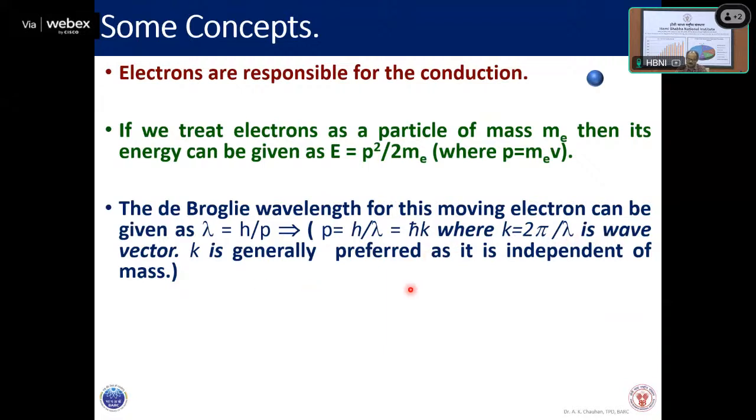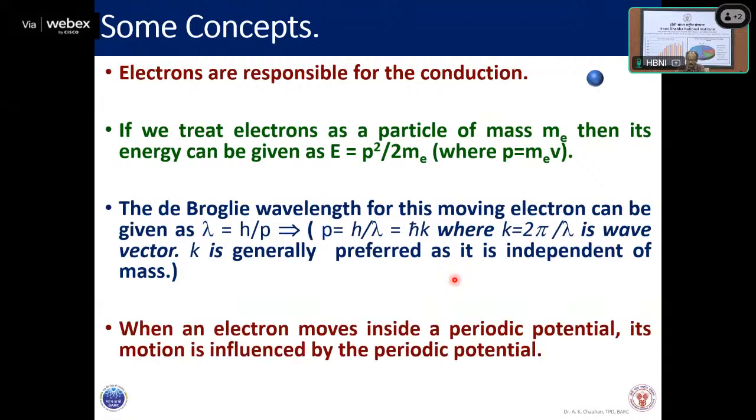Wave vector and momentum are used interchangeably in solid state devices or in quantum mechanics. k is generally preferred as it is independent of the mass. k is what we call a wave vector, and in general, wave number.